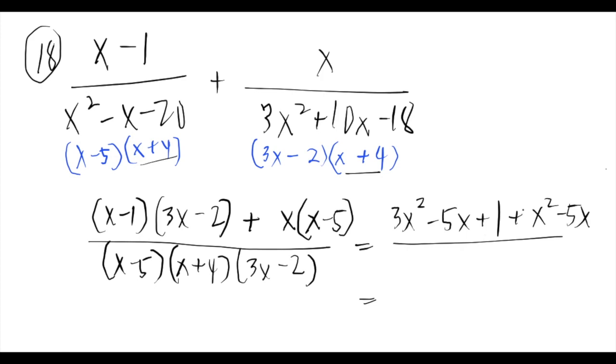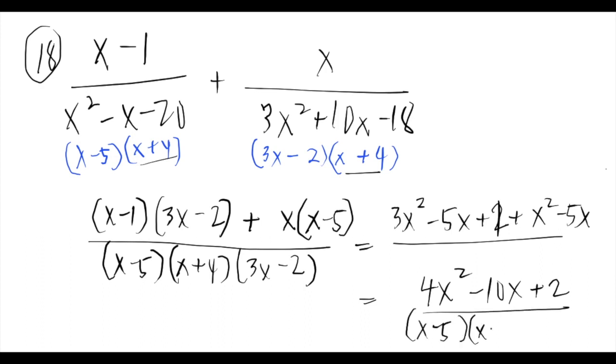Okay, let's simplify itong nasa taas. We will have 4x squared minus 10x plus 2 over x minus 5, x plus 4, 3x minus 2.